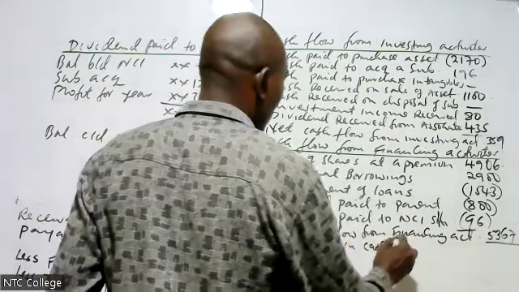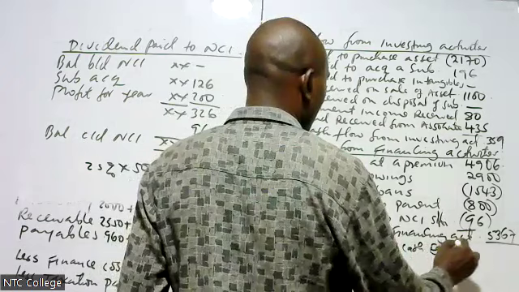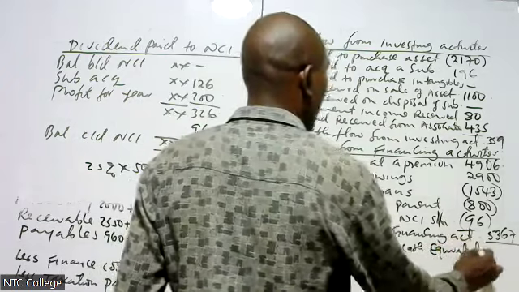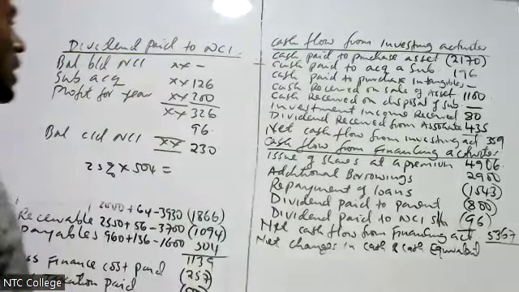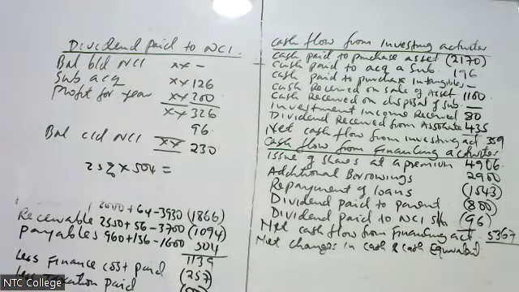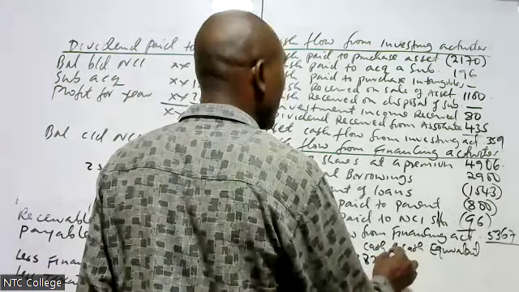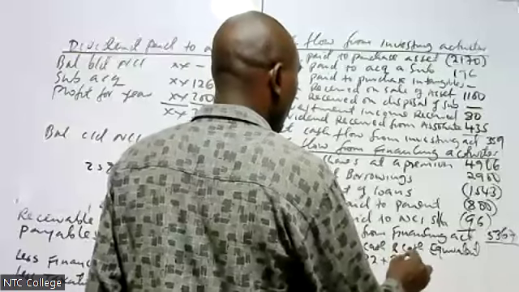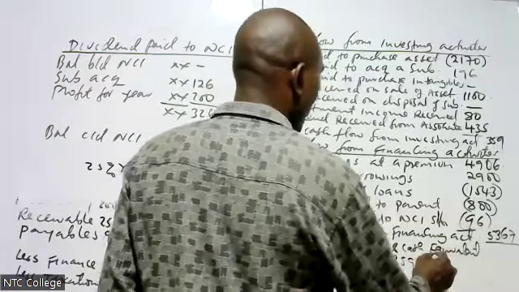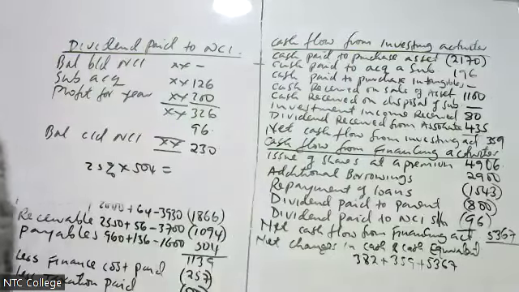Net changes in cash and cash equivalent, which means I will take A plus B plus C, which of course I'm getting 382 plus 359 plus 53.67.